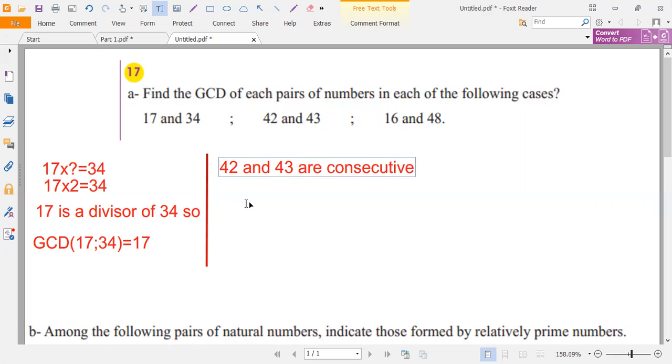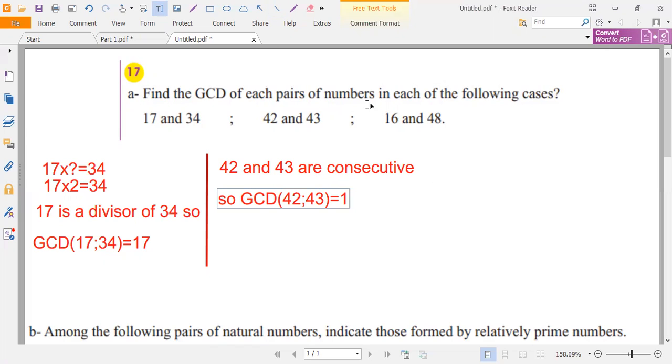So what is the GCD? The GCD is equal to 1, and in this case we say that they are relatively prime.